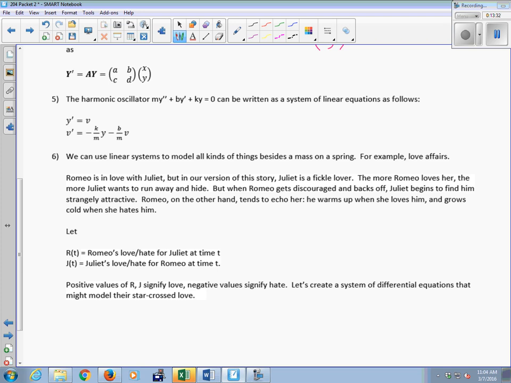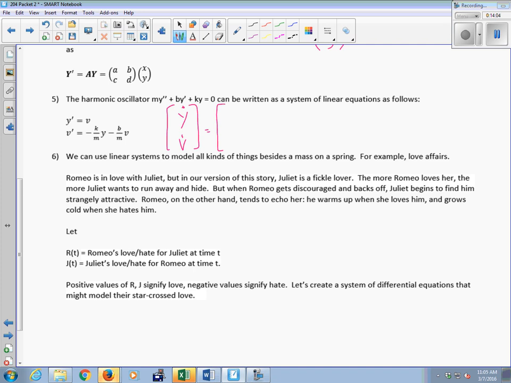So just for example, this is an example where a system could be useful. You can take the harmonic oscillator, rewrite it as a system, and just for practice, let's rewrite this using vector and matrix notation. So we're going to write this as a matrix equation. I have y prime, v prime equals my coefficient matrix, which is what?